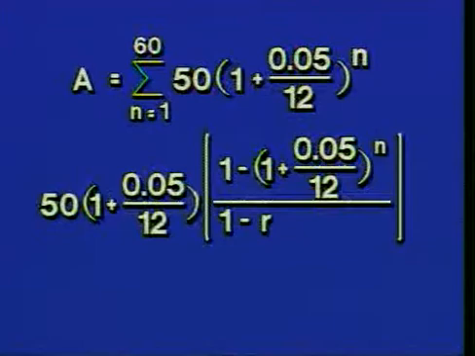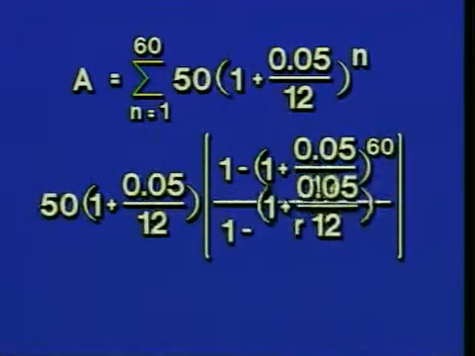The n in the A formula is simply a counting mechanism, and the n involved in our formula for figuring the sum of the geometric sequence is the number of items being counted. And that number of items here, of course, is 60. Okay, so n is replaced with 60 in our formula.